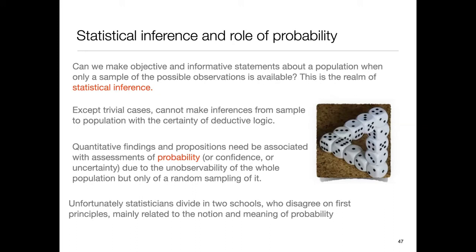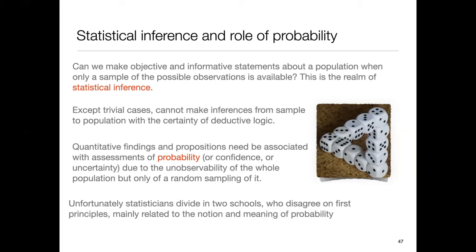And statistical inference is very important because it's not actually as mathematically rigorous as probability, right? Except trivial cases, one cannot make any inference from the sample with the certainty of deductive logic.